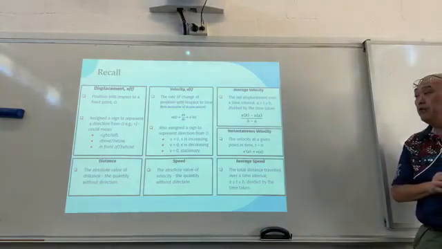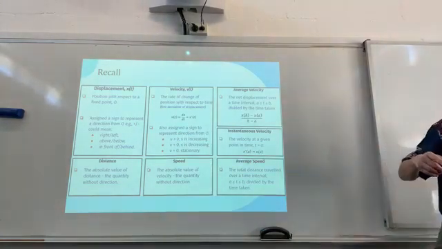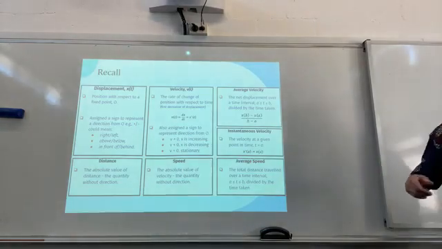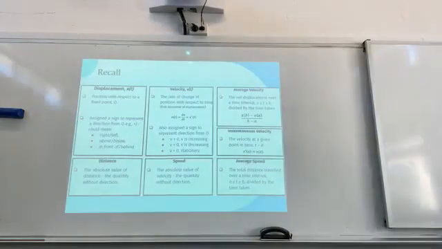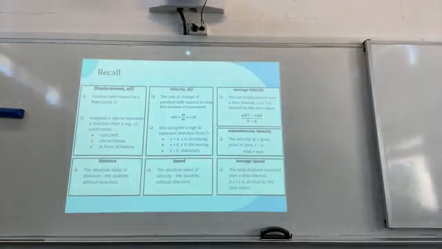V less than 0 means x is decreasing. So for example, if I walk really fast, the displacement will be increasing, and when I walk slowly, it will be very slow, and the displacement is sort of slowing down as well. All right? And then v equals 0 is stationary.